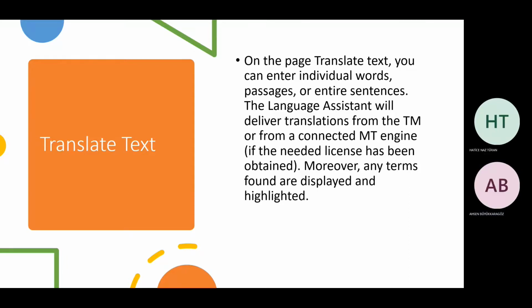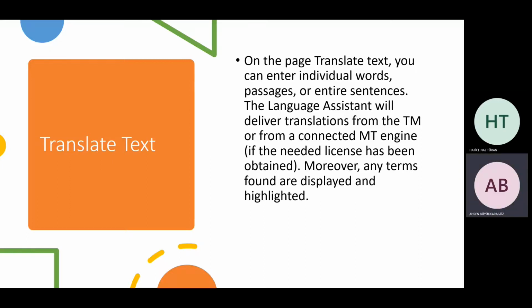Okay, so now we will look at how to translate your text. On the page Translate Text, you can enter individual words, passages, or entire sentences. The language assistant will deliver translations from the TM or from a connected MT engine, and any terms found are displayed and highlighted.